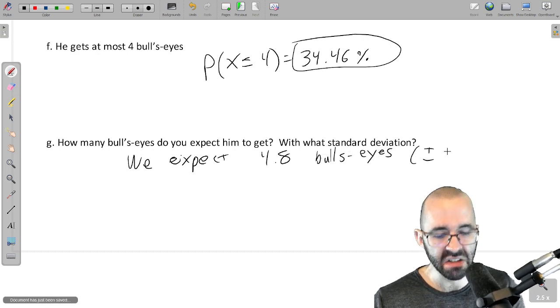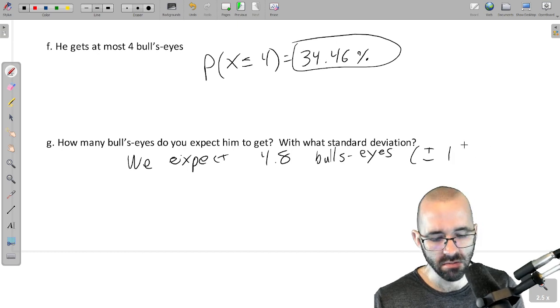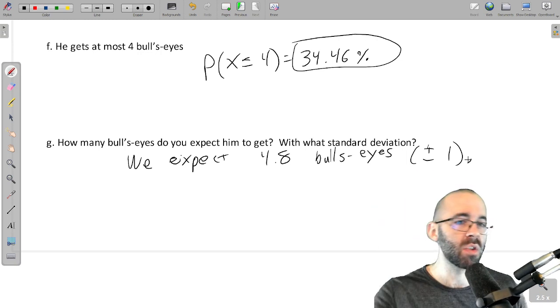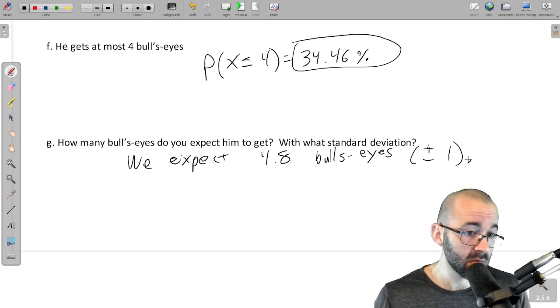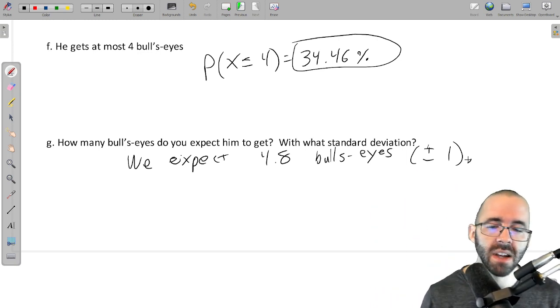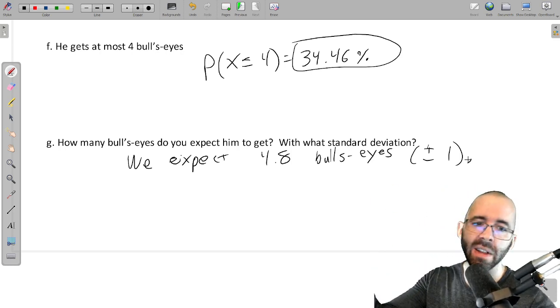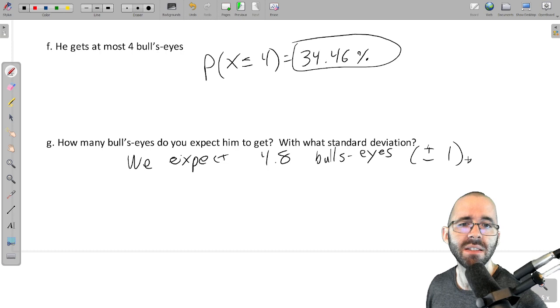You could say plus or minus about 1. Or you could say we expect him to get between 4 and 6 bullseyes. Or you could say we expect him to get about 5 bullseyes and maybe 1 more or 1 less than that. A lot of ways to phrase this.